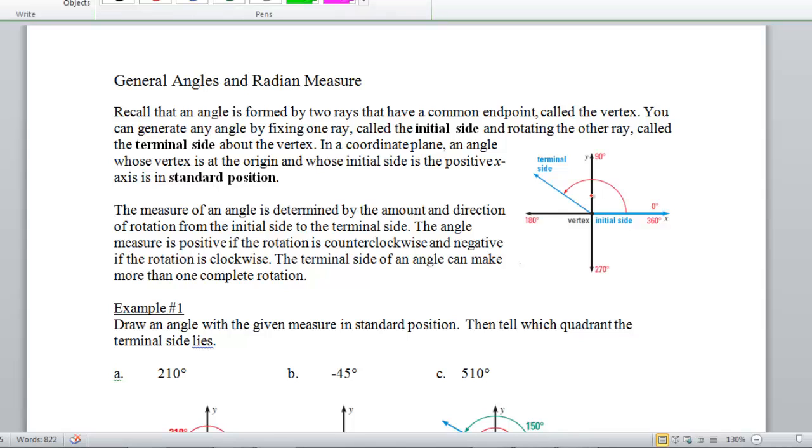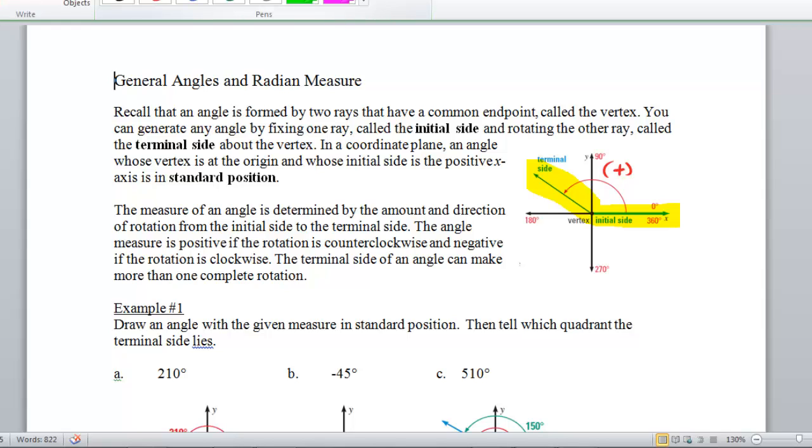So you can see just by looking at this visual, our initial side tends to be in the standard position, thus creating an angle. If we want it to be a positive angle, we will move counterclockwise, and wherever we stop is what we call the terminal side.